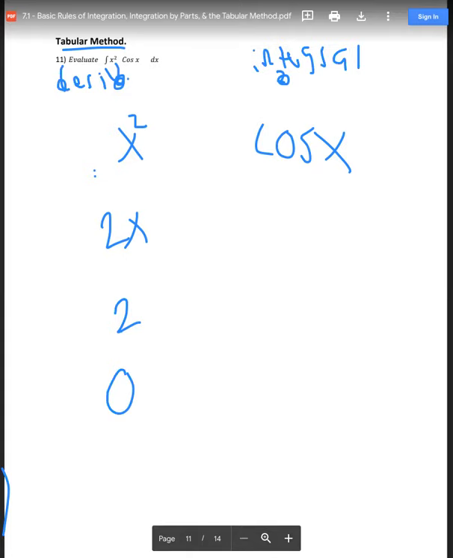Let me just get my work so I can make sure that I'm following the right steps, because I don't want to be telling you guys the wrong thing just for you to get confused. Where's this problem? I found it. Yeah. So the integral over here would be sine of x. The integral of sine of x is negative cosine of x, and the integral of negative cosine of x is negative sine of x.